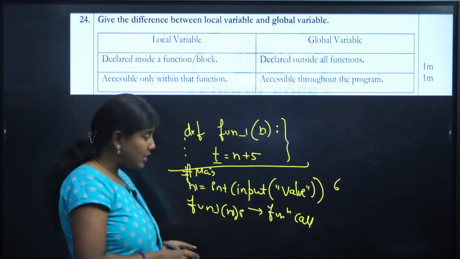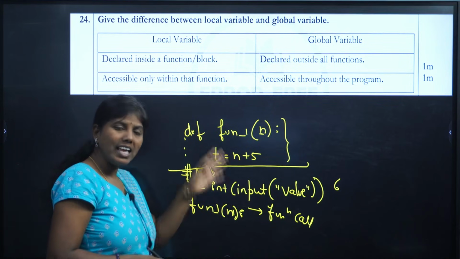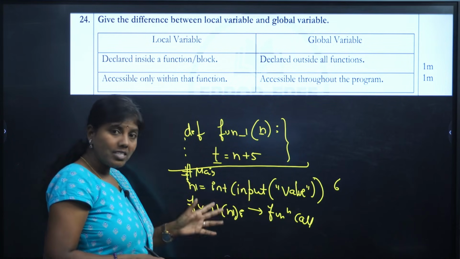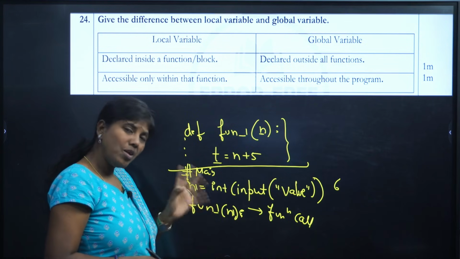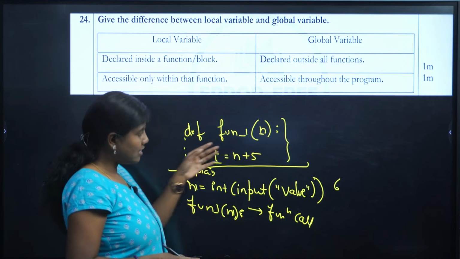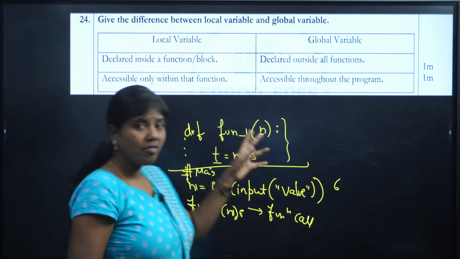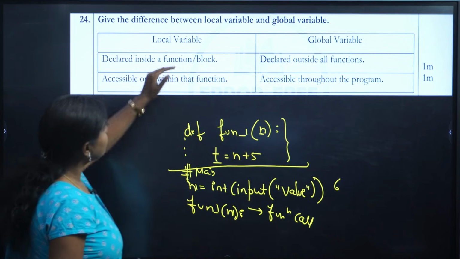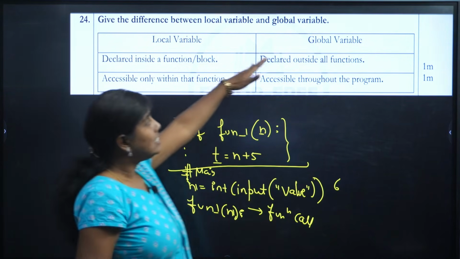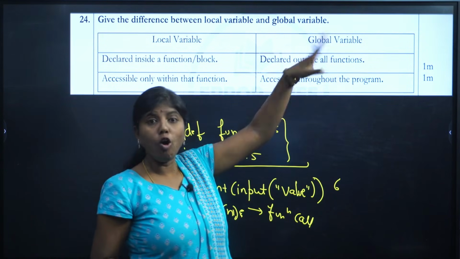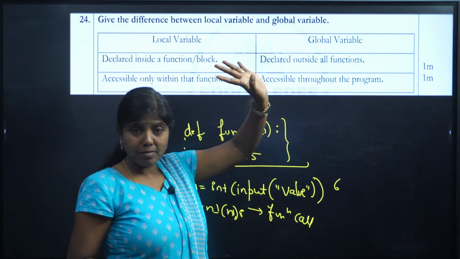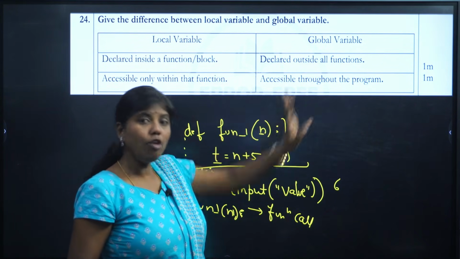That means this n1 can be accessed anywhere in the program. I can access it here, I can access it here, anywhere in the program. That is the difference they've given here: declared inside a function or block, versus declared outside all functions.